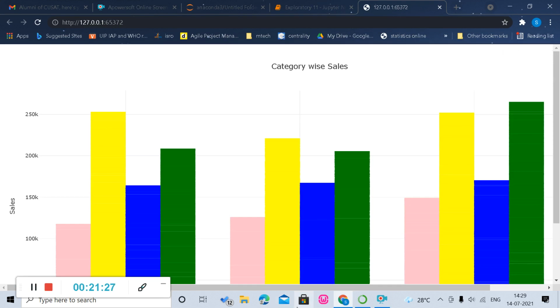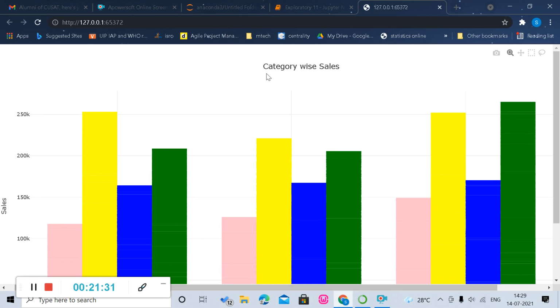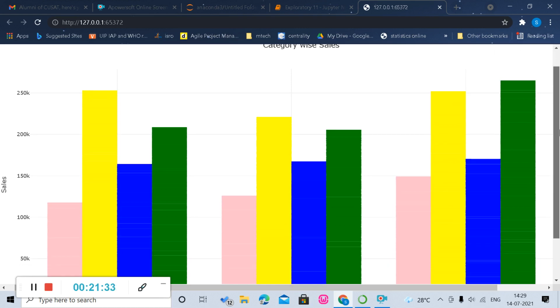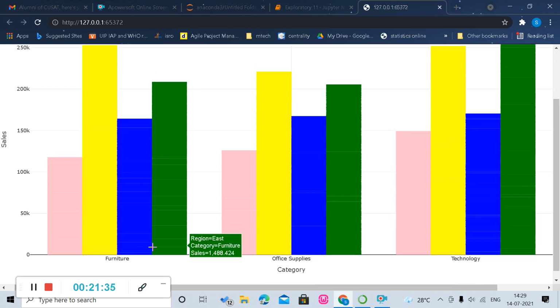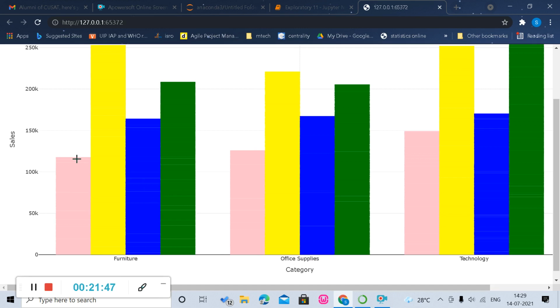We get the resultant dashboard here. Category-wise sales on the x-axis: you can see the different categories, furniture, office supplies, and technology, and the corresponding sales.